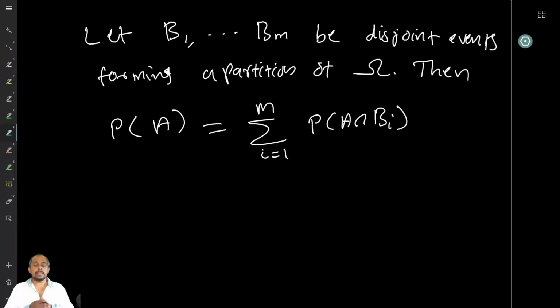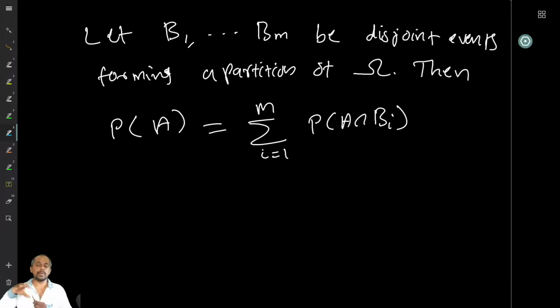And then if you have disjoint events B1, B2, up to Bm, and these events form a partition of omega, so omega is a set that you partition into different sets B1 to Bm, each one a subset of omega, therefore these are all events. Then the probability of any event A can be written as the summation of the probabilities of A intersection Bi.